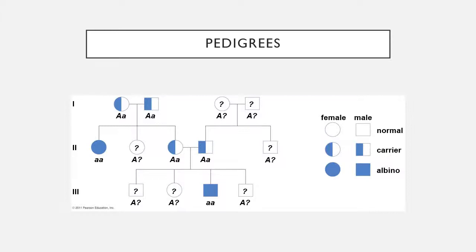Now, the way a pedigree can be useful is, let's say that we have these two parents here and they go in for genetic counseling because they have a child who is albino. And those people want to know, what are our chances of having another child that's albino? And from looking at this, it's a recessive trait and it appears equally in the males and the females, which means it's autosomal and not X-linked.